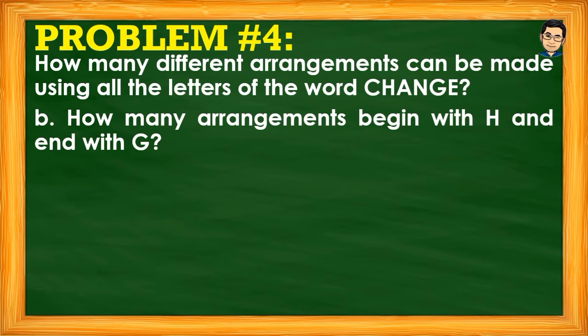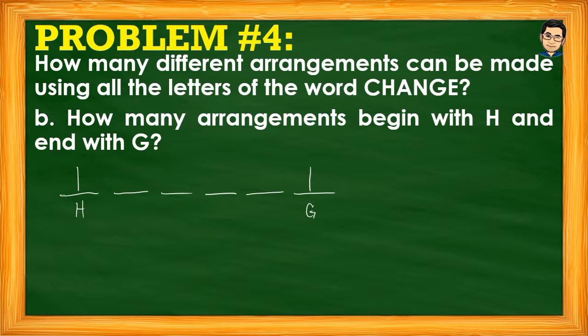So, for letter B, how many arrangements begin with H and end with G? So, dito nagsisimula yung letter natin sa H, and then nag-end sa G. So, 6 na guhit ulit. And then, since letter H ang pwede natin gamitin sa una, lalagay natin 1. And then, letter G sa huli, 1 din.